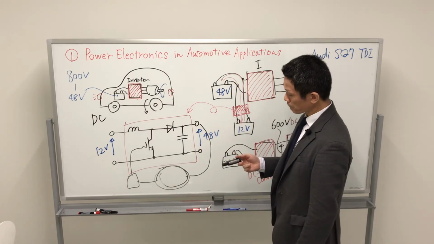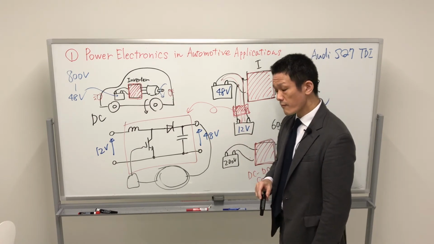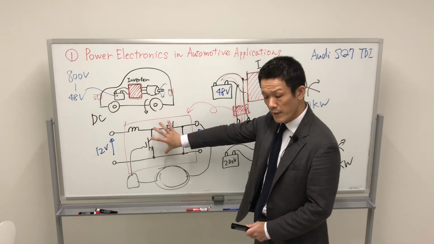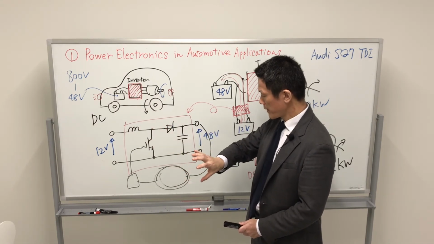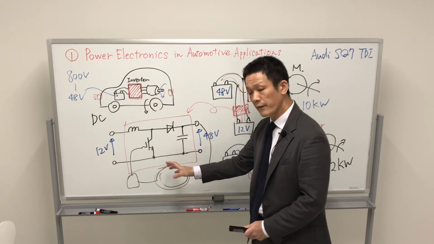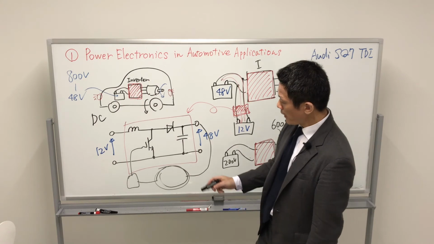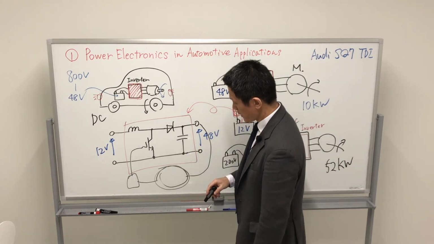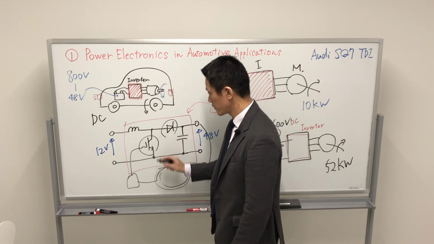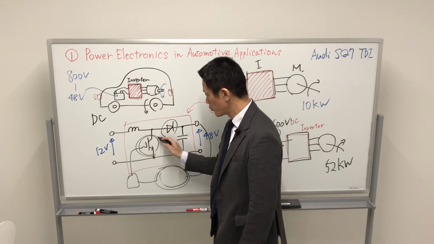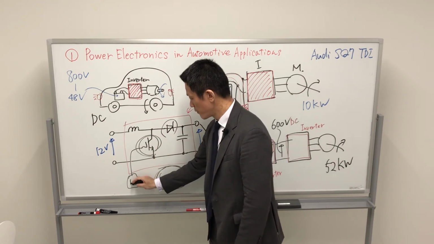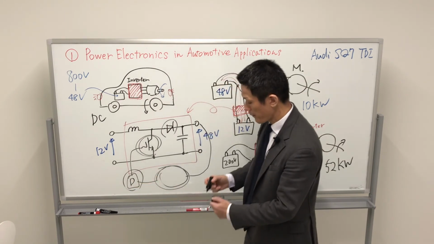So in this lecture, I will discuss the roughly divided power systems, how to design the control circuit, and additionally how to drive the power semiconductor devices. This is passive, and how to drive the active power semiconductor devices is the drive circuit.